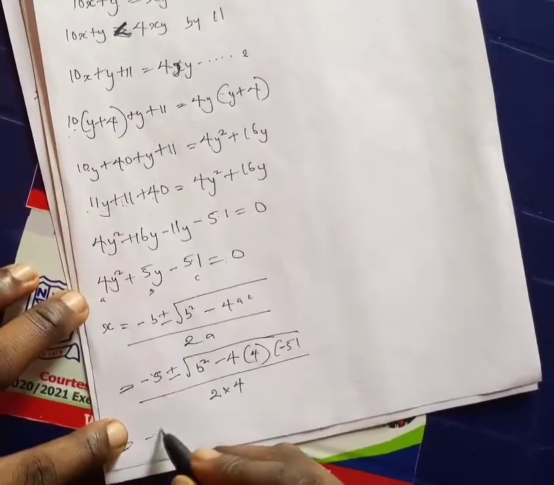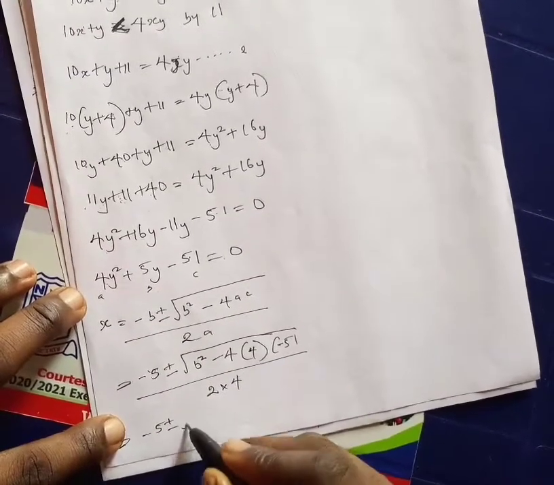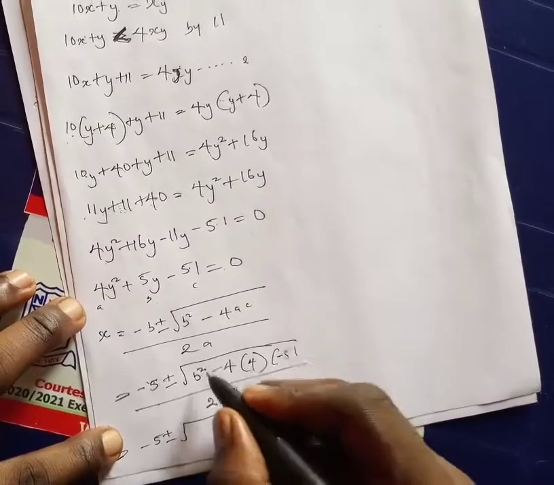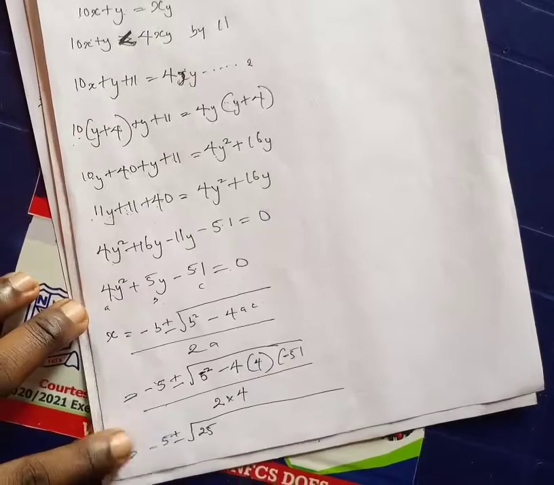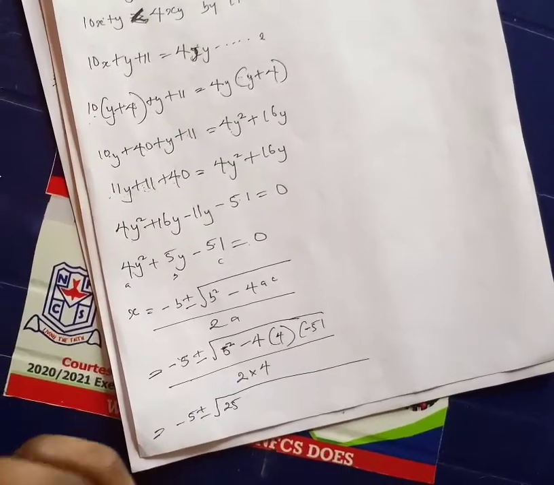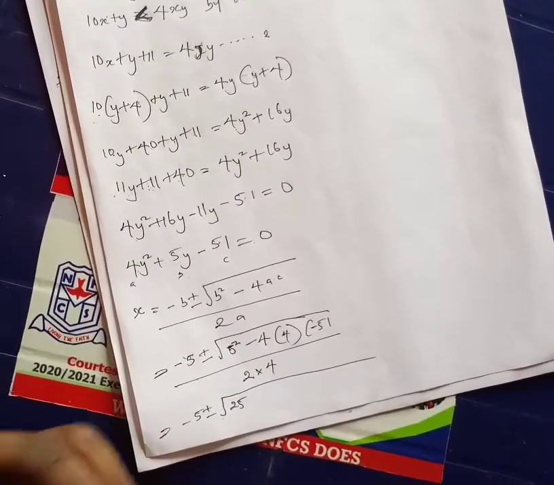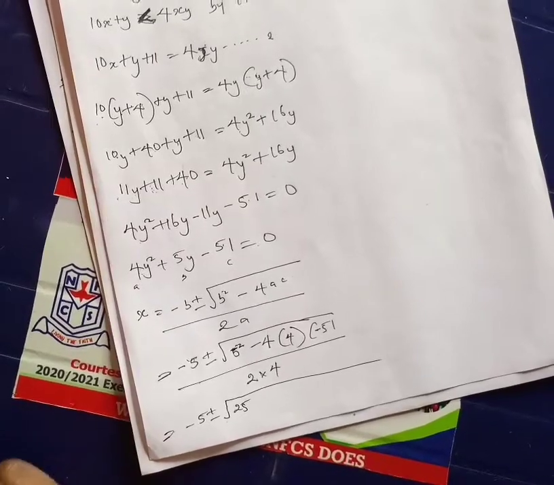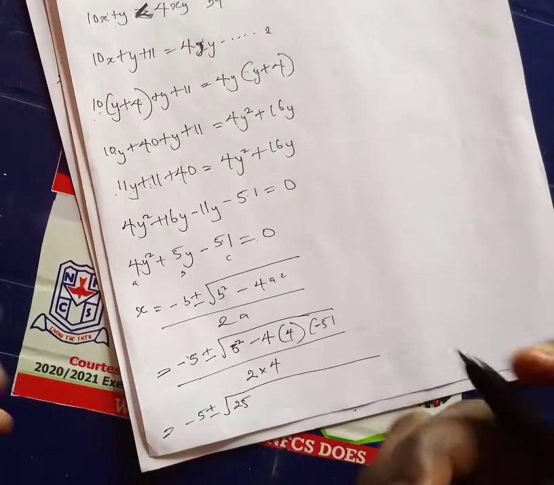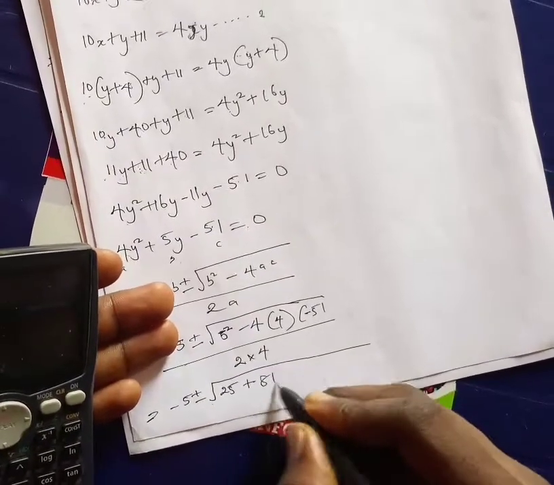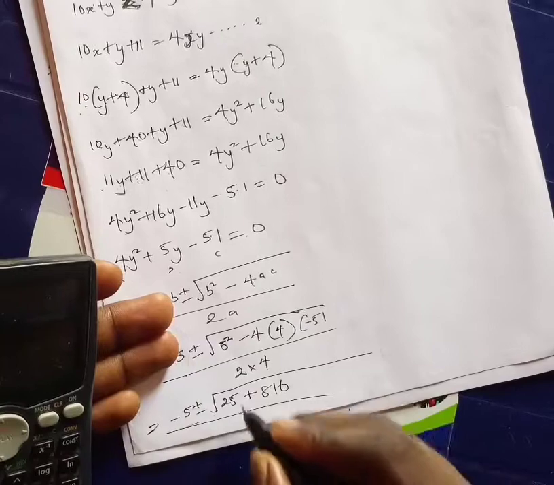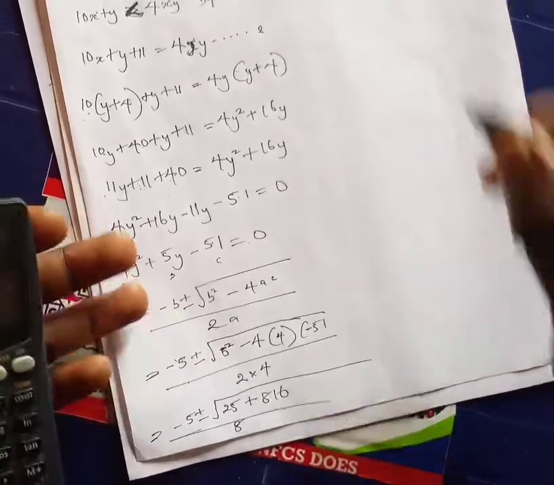So this is 5 squared, that's 25. So minus 4 times 4 times negative 51 will give me a positive 816, all over 8.